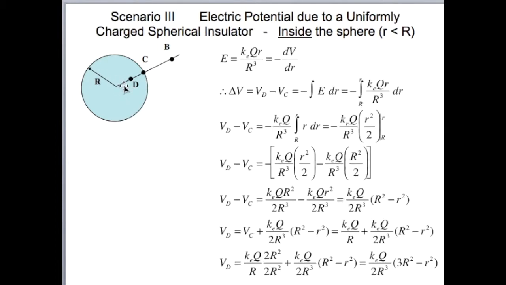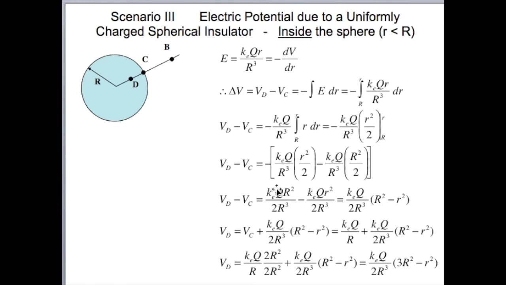And if we're talking about being inside the sphere, so a point like D, then delta V would be Vd minus Vc, right? So we're going from R to little r. We're going inside. And so we end up with this. It'll be Vd minus Vc.